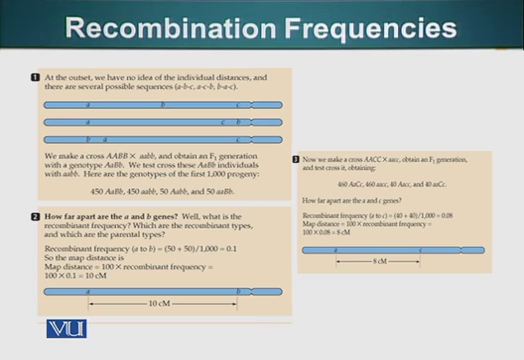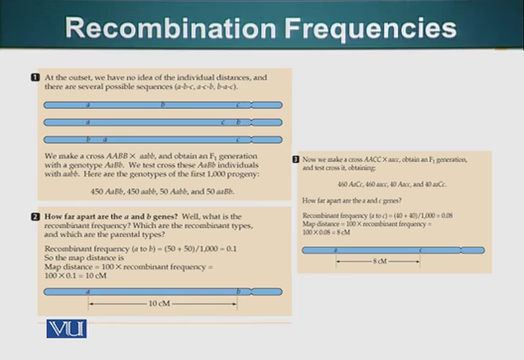During this cross, we got 450 capital A, capital B and 450 small a, small b. These are the parental phenotypes. The recombinant phenotypes are 50 capital A, small b and 50 small a, capital B.